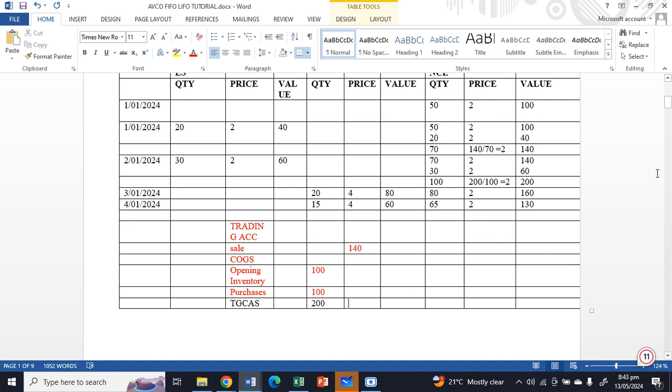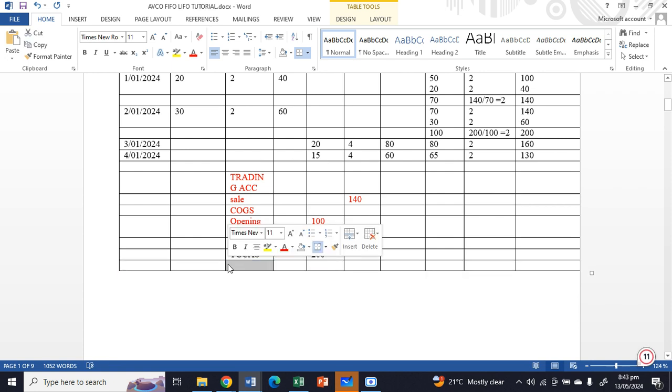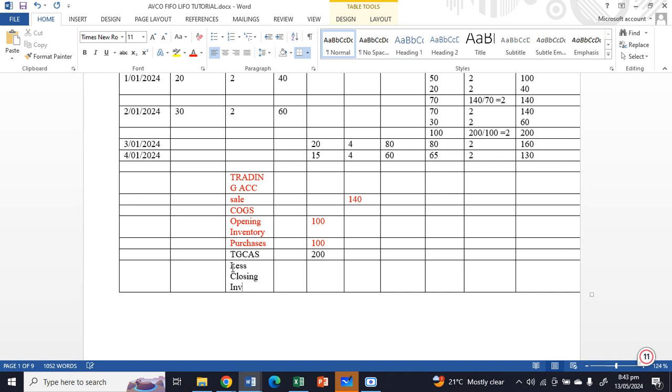All right. Once you've got the total cost of goods available for sale, then you can deduct the closing inventory so that we can get the cost of goods sold. Less closing inventory. So the closing inventory is these 65 units at 2 kwacha per unit, and the value is 130 kwacha.